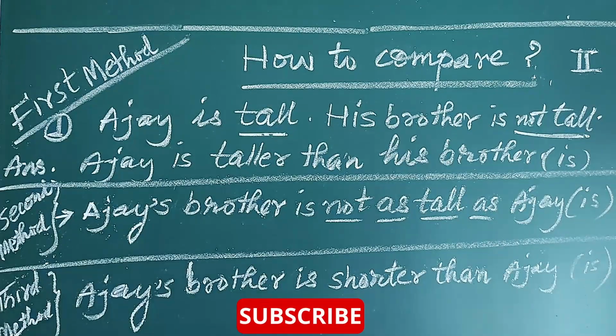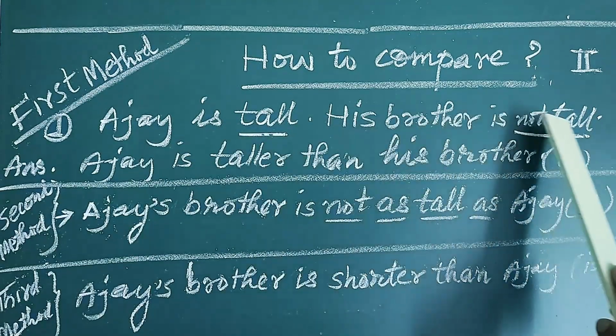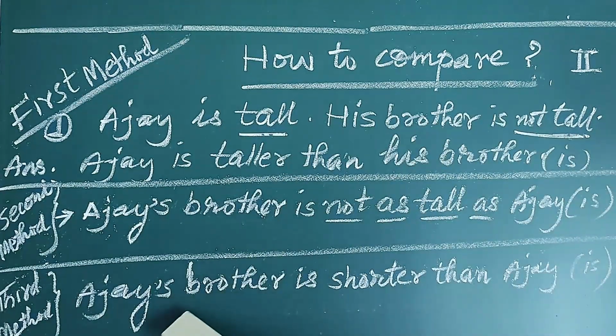And again we can use a third method, and that is bringing a new adjective and writing it in the comparative degree. According to the sentence, Ajay is tall, his brother is not tall. So the same thing we write here: Ajay's brother is shorter than Ajay.